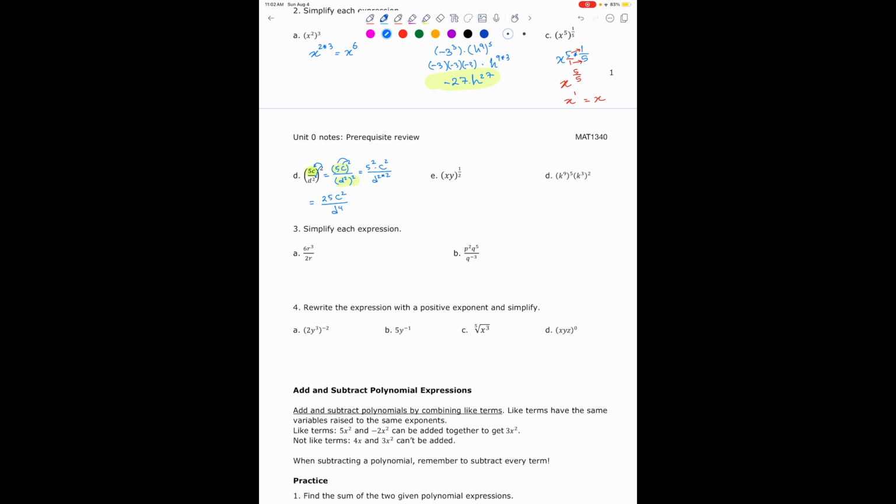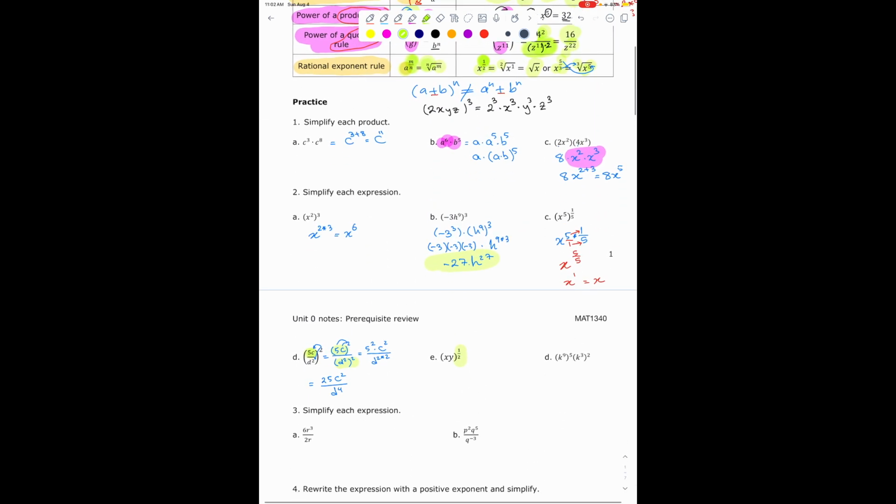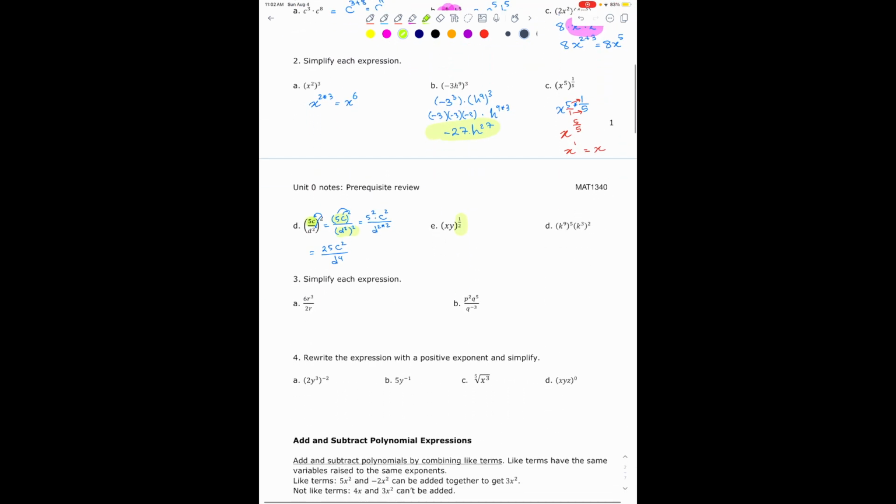For e, notice how we have a rational exponent here. So we're going to use the last rule, which is the rational exponent rule. We can either distribute the 1/2 first, or we can basically change that into a radical immediately.